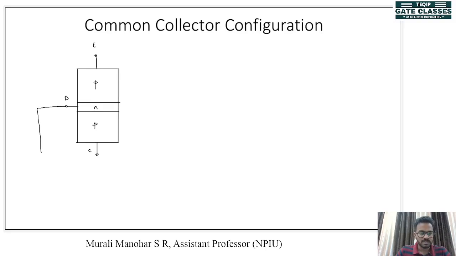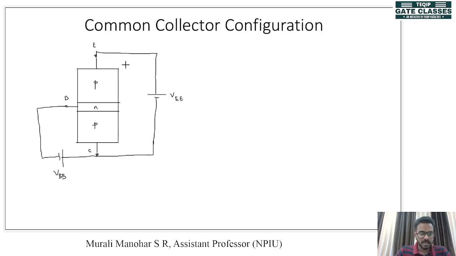Now, this is the supply. This is VBB and this is VEE.